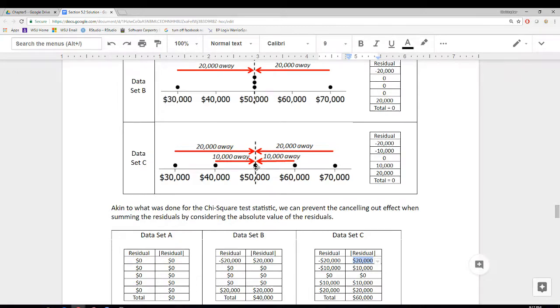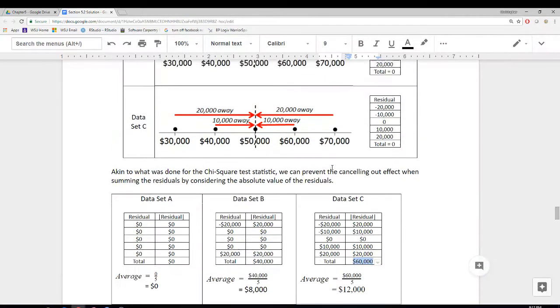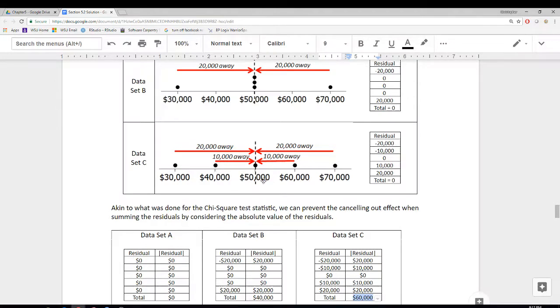That's 60,000 total. Again, I have 5 observations, so 60,000 divided by 5 is 12,000. So for data set C, we tend to be about 12,000 away from the middle or the center.